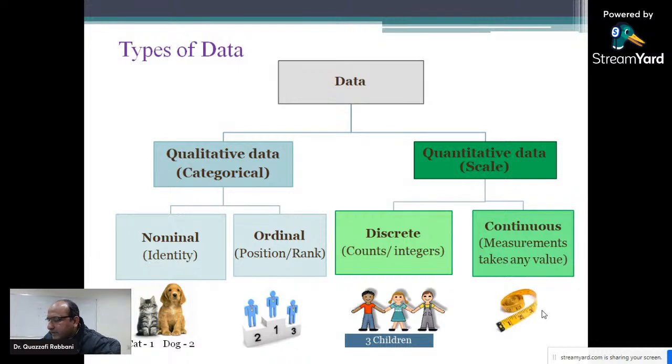Next, continuous is data or a variable that can be measured. You can measure the height, weight, marks. So discrete value is the individual values and continuous value is given in a range.